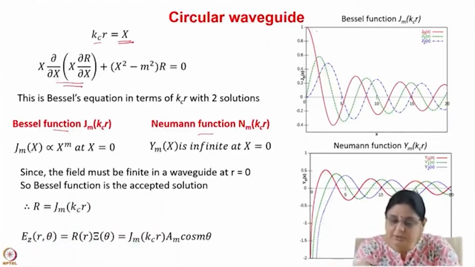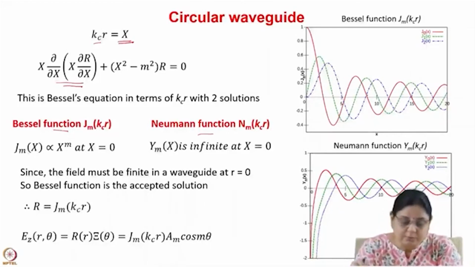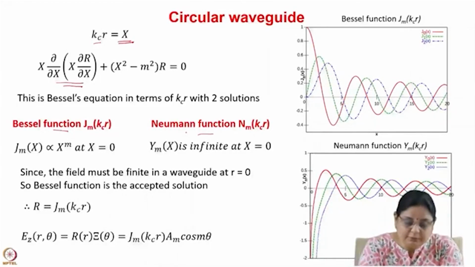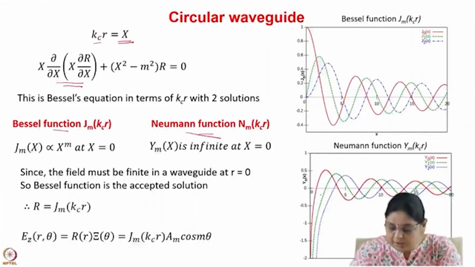So we have J0, the Bessel function of 0th order, then J1, the Bessel function of first order, then the Bessel function of second order, and so on. Similarly we have the Neumann functions, again of the 0th order, the first order, the second order, and so on.